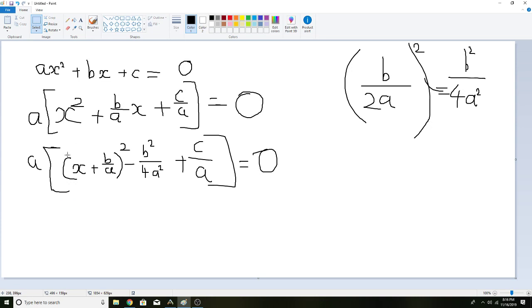Gone a step too far. What you have to do first is get this bit outside the bracket into a single fraction. Otherwise, it'll just make it more complicated.